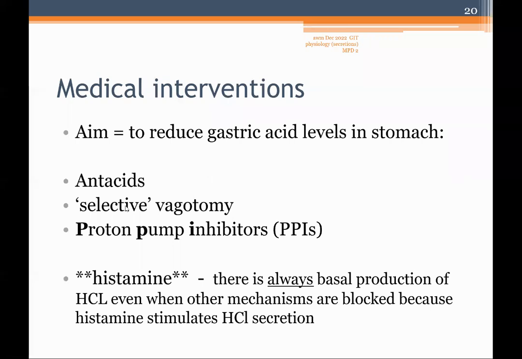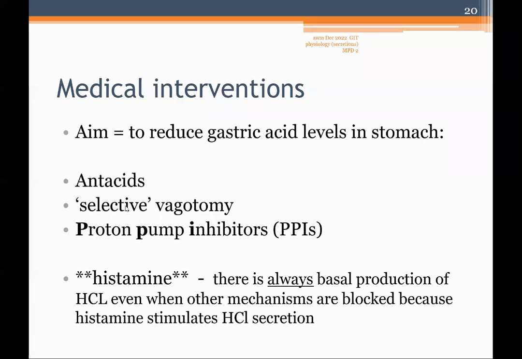And remember, we said that there's always basal production of hydrochloric acid, even if you were to do a vagotomy, even if you were to remove the acetylcholine, because histamine is always being secreted, and you cannot block the release of histamine.